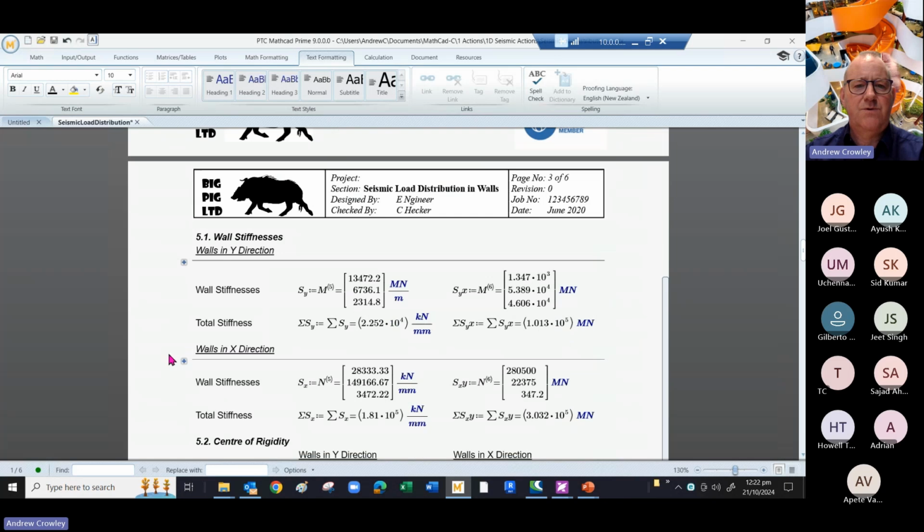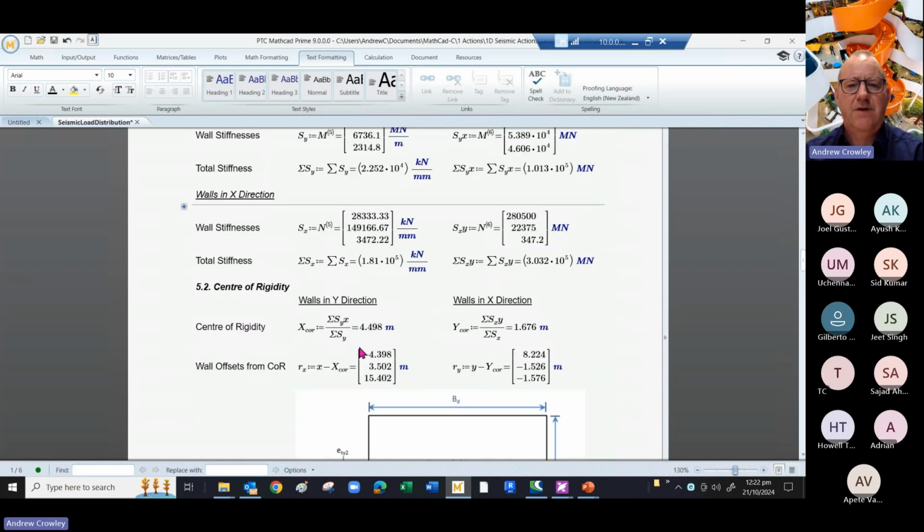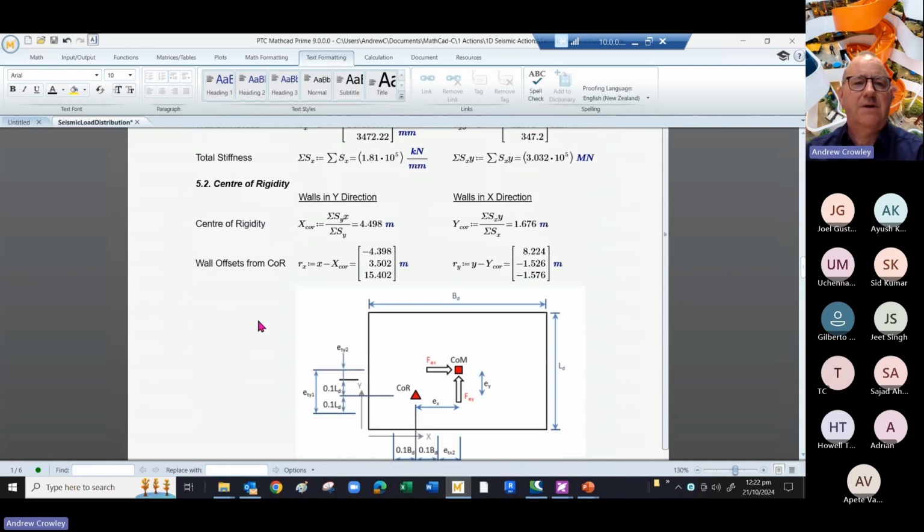We then calculate the wall stiffnesses and the total wall stiffnesses in each of the directions. Here's the y direction, and then we have walls in the x direction for wall stiffnesses and total wall stiffness in the x direction. From that we can derive our center of rigidity by summing the stiffnesses and eccentricities and dividing by the total stiffness.